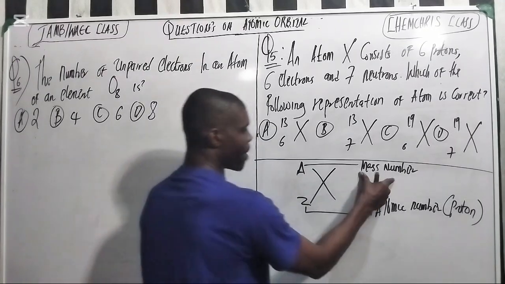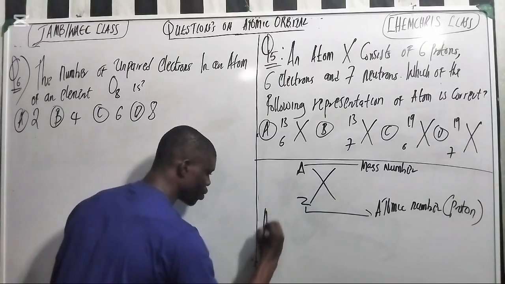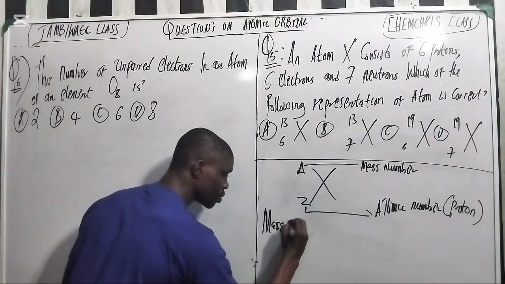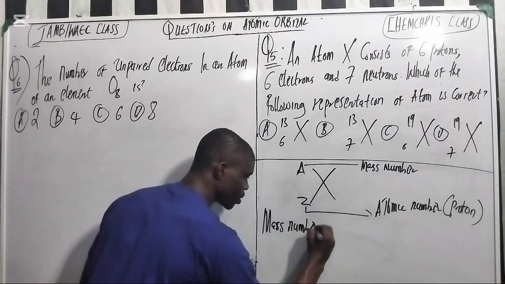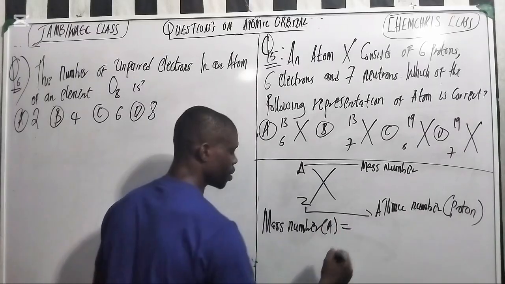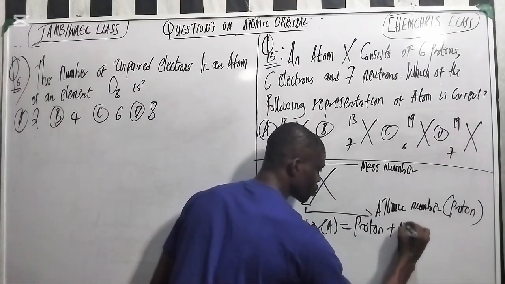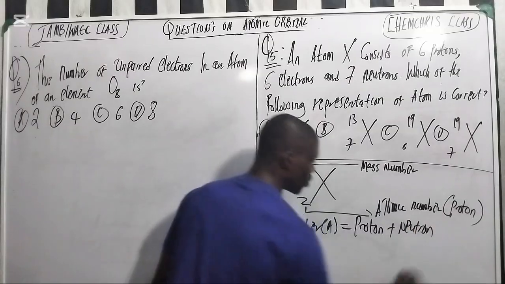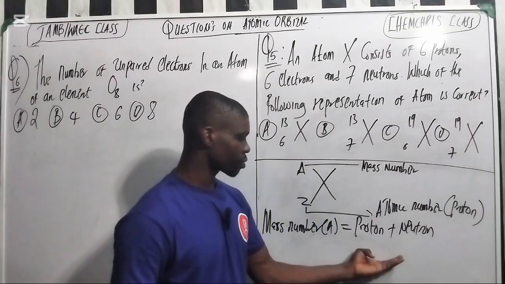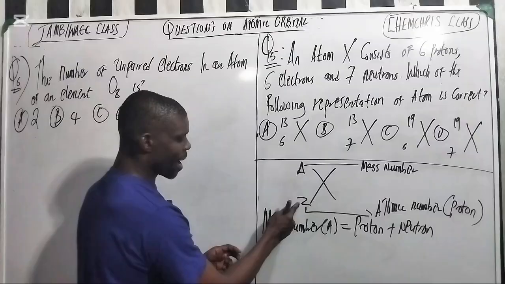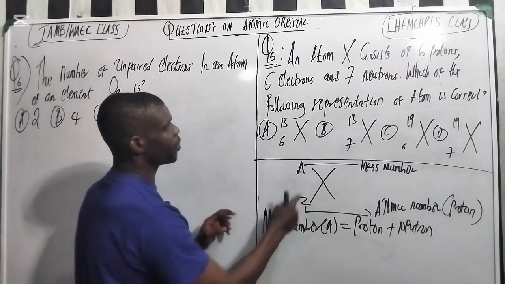Now, the mass number A is equal to proton plus neutron.